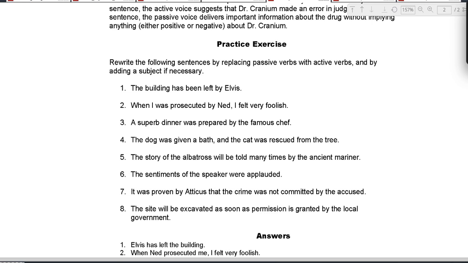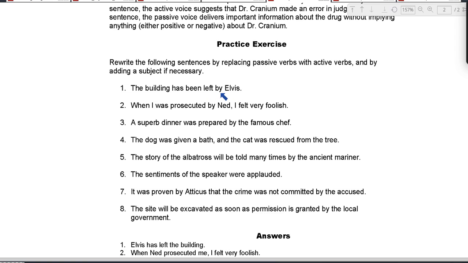So the building has left by Elvis, no, that's passive. So you have to make it active. Because here you see that the object has become the subject. Building should be in the object place and it has become the subject, and has been is passive voice, so it will turn to has, and Elvis should be the subject.